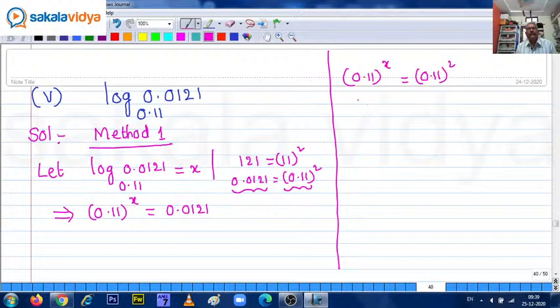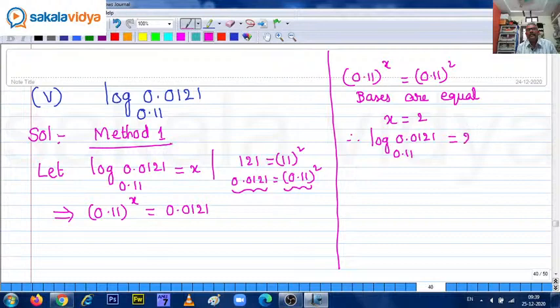Bases are equal now, so exponents are equated. So x is equal to 2. Therefore log of 0.0121 to the base 0.11 is equal to 2. It's proved.